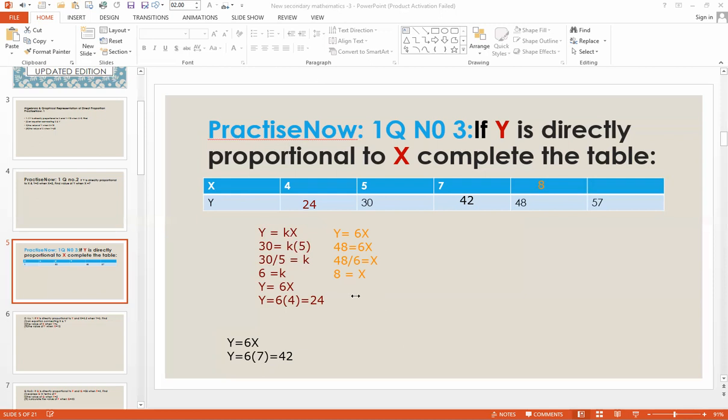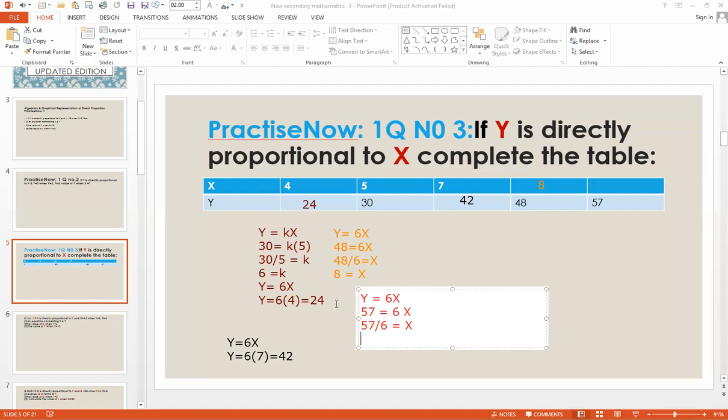Now again, we have to write the equation y is equal to 6x. And what is the value of y here? 57. So you have to write 57 is equal to 6x. Again, you have to divide 57 by 6, and that is equal to x.